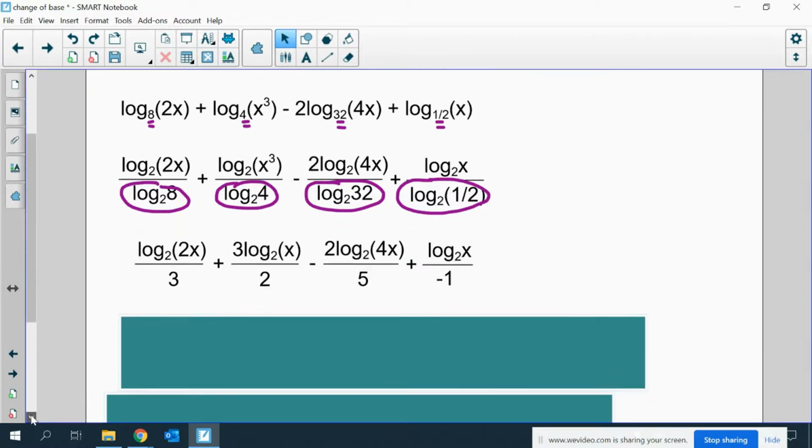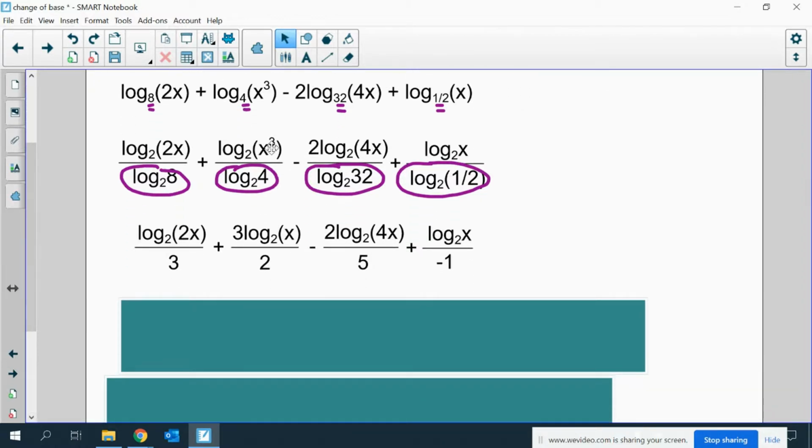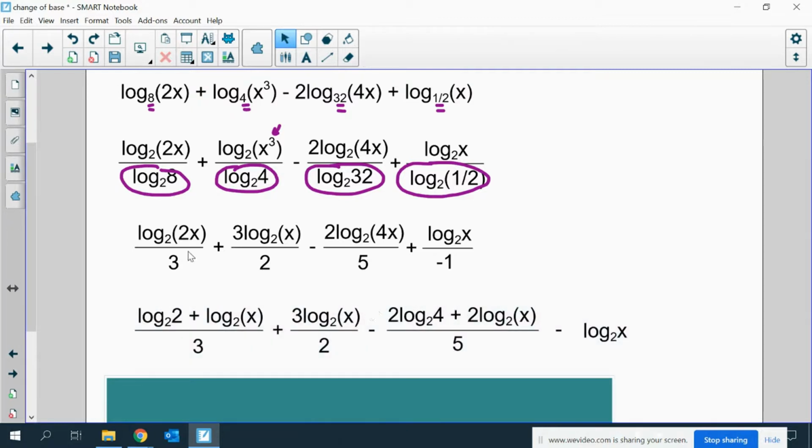The other thing I can do is take this 3 exponent with the x cubed and rewrite it as a coefficient. Now, the last thing I might want to do before I start combining things is using more properties of logs.